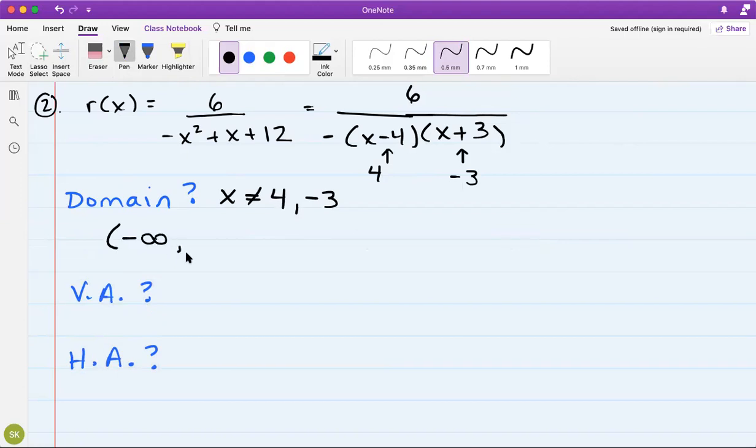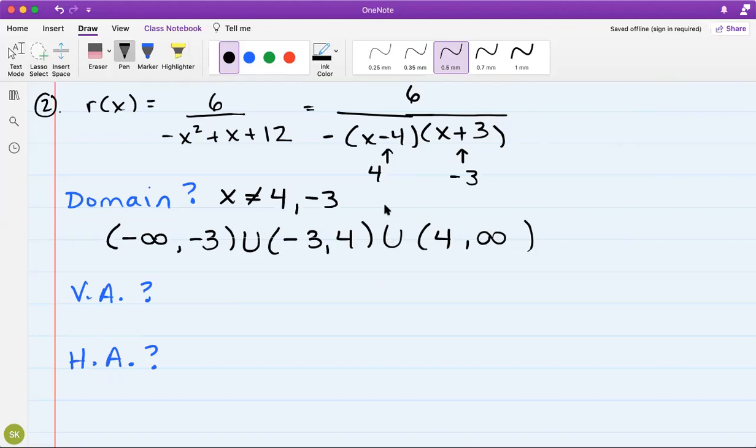Remember, in interval notation, you start with the smallest number and then work your way up. So the smallest number between these two is negative 3. Then we're going to get all the numbers from negative 3 to 4, union, and then go from 4 to infinity. We have to take these two numbers out. Okay, so the domain is anything but those two numbers.